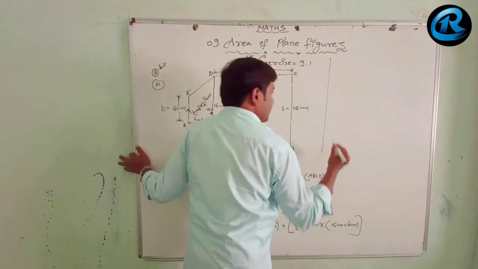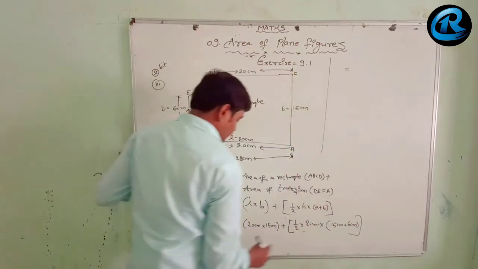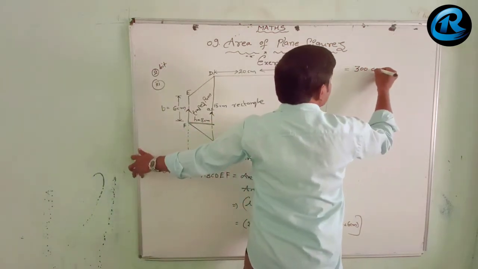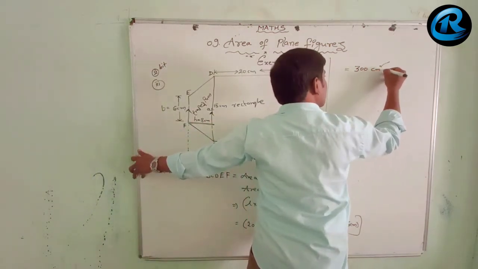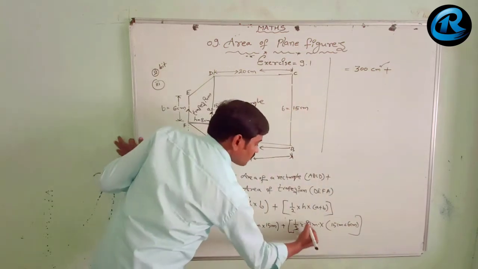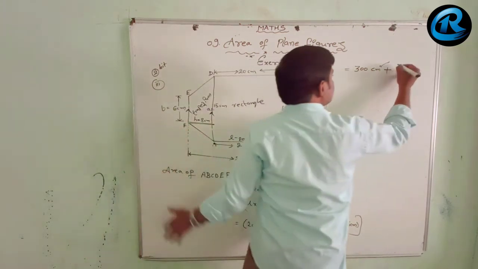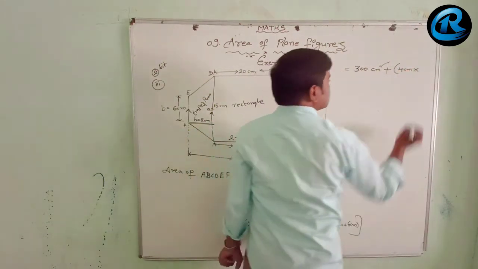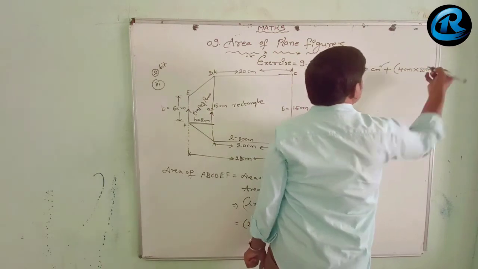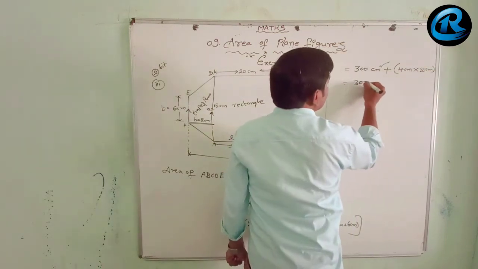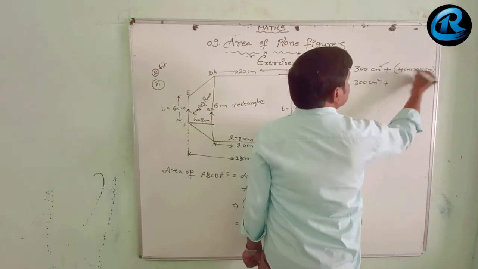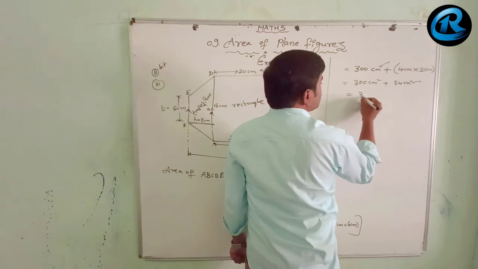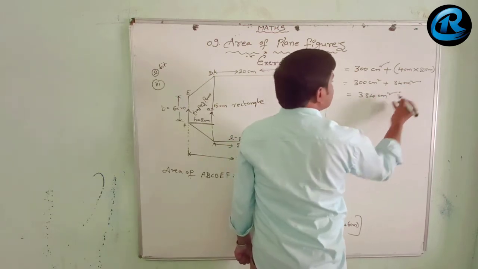Let us simplify. 20 into 15 is 300 centimeter square, plus 1 by 2 into 8 is 4 centimeter into 15 plus 6, that is 21 centimeter. So 300 centimeter square plus 4 into 21, that is 84 centimeter square. Therefore that is 384 centimeter square.